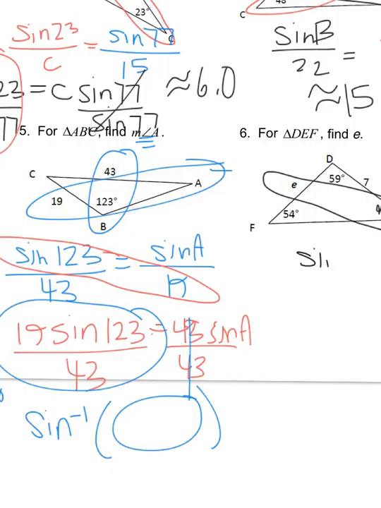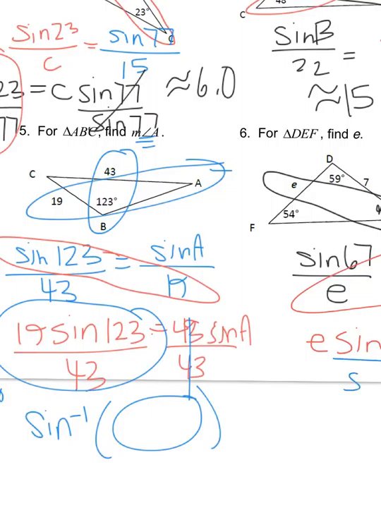So it's sine of 67 is to E as, now I'm not going to use this 59 because I don't have this side. So I'm going to use the 54 because I have this side. So it's sine of 54 is to 7. So I'm going to cross multiply. So it's E sine of 54 equals 7 sine 67. Now I divide both sides by sine of 54.